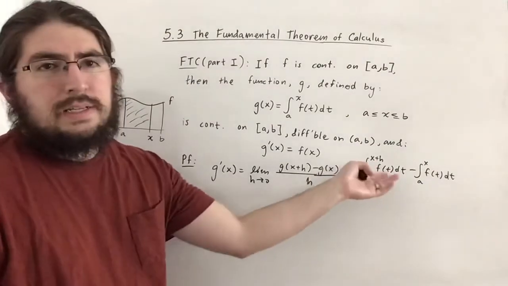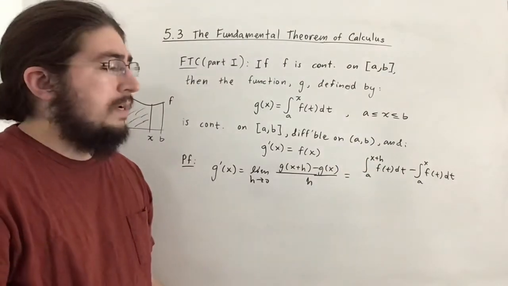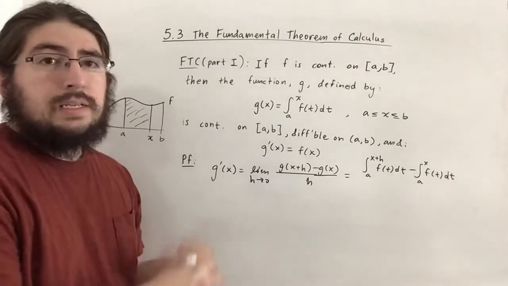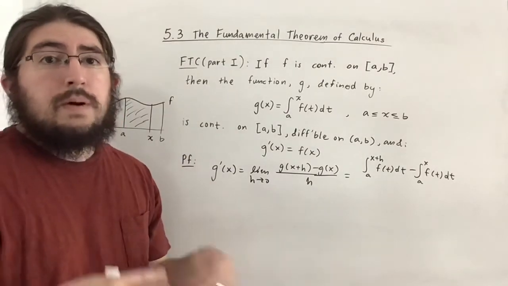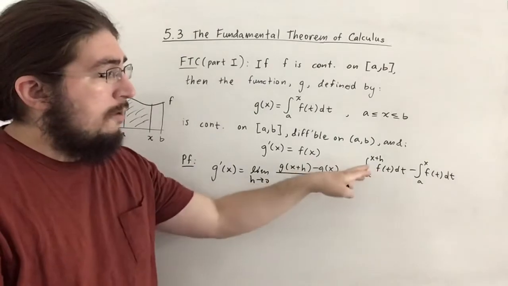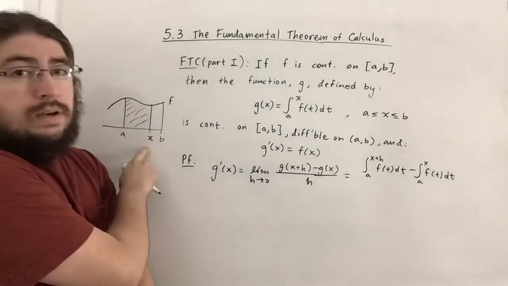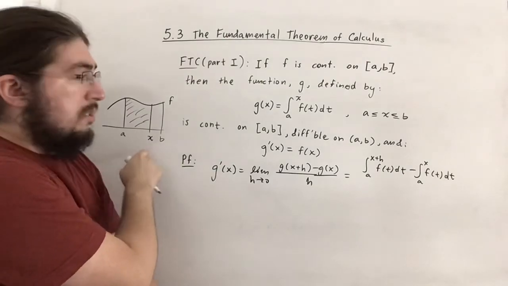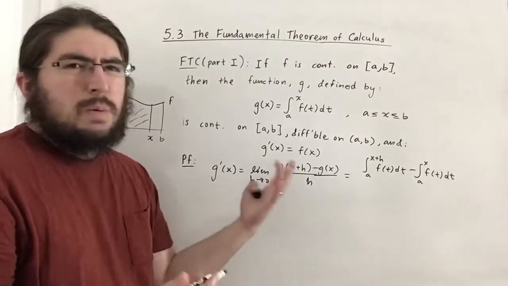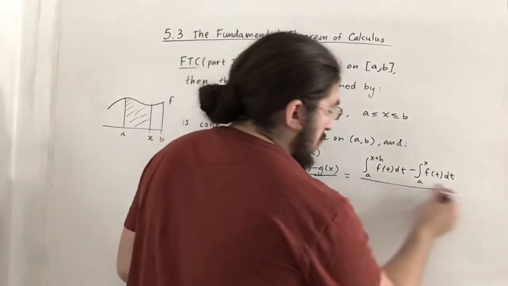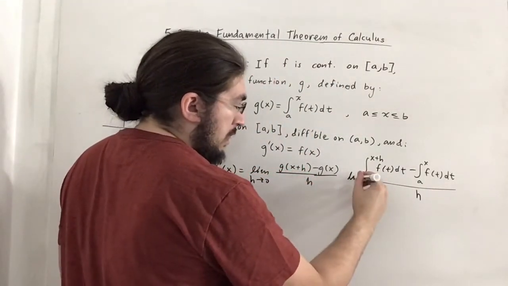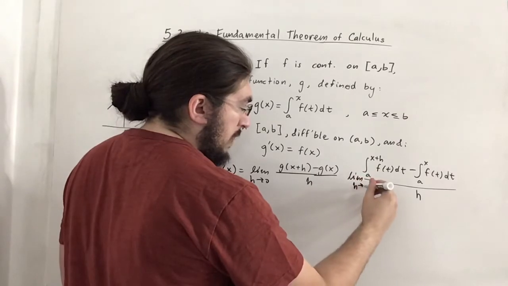So the t doesn't really matter as it turns out. It makes sense because if you look at the integral of a function of x dx, you end up getting a number that represents the area. But here the area will be dependent on where we're going to from a. So it's going to be in terms of x, not in terms of this variable t. That's why we call it a dummy variable. And this is all over h, and we're still in the limit as h goes to 0.